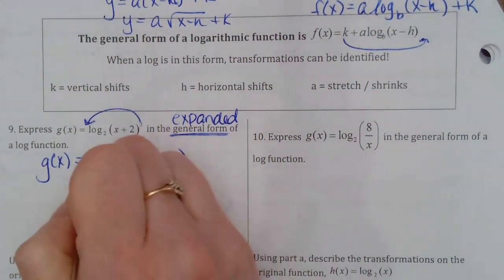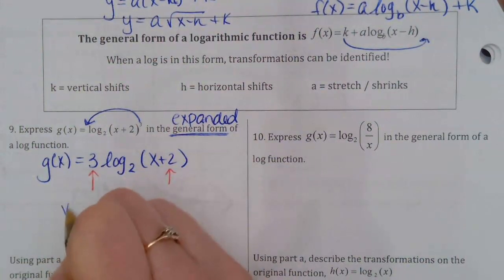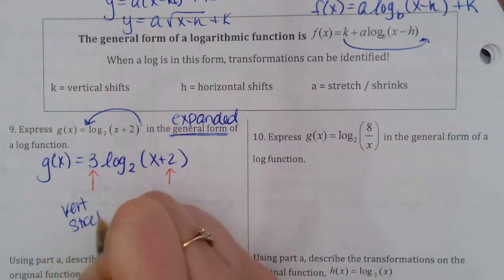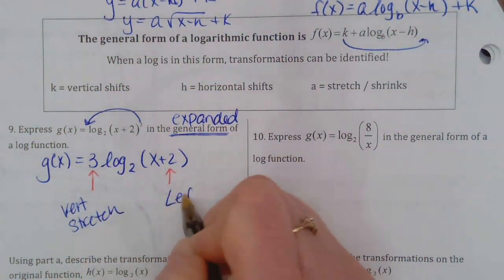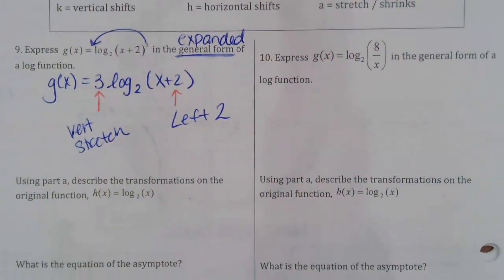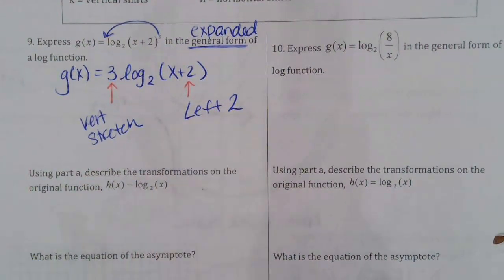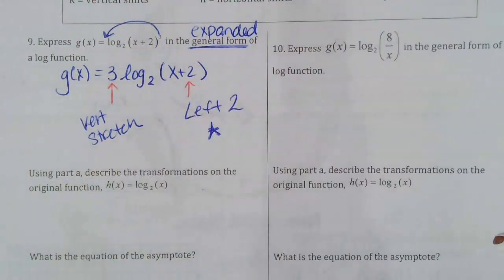Now that I have it fully expanded, I'm noticing two transformations. We have a vertical stretch, and we have a left 2. So if our graph is going left 2, that is super important to us.